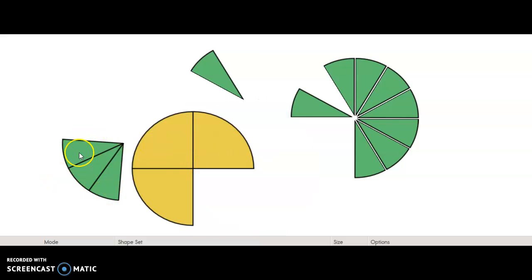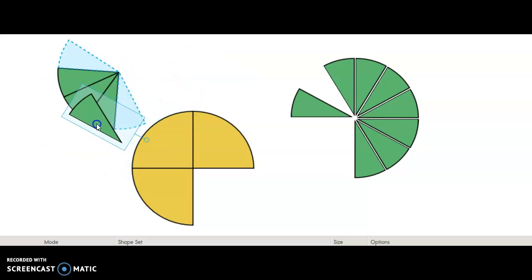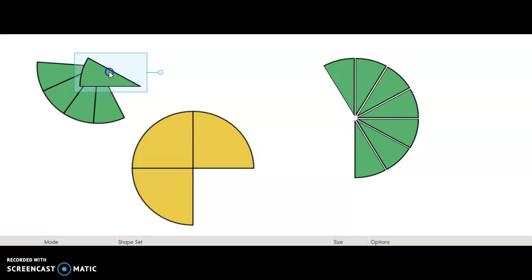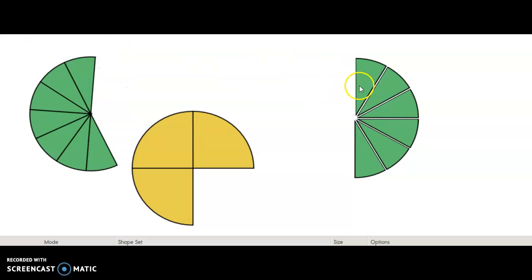Okay, so let's see. We knew 3/12 was equal to 1/4. So another 3, it's going to be 2/4. That's 1, 2, 3. Still not quite big enough.